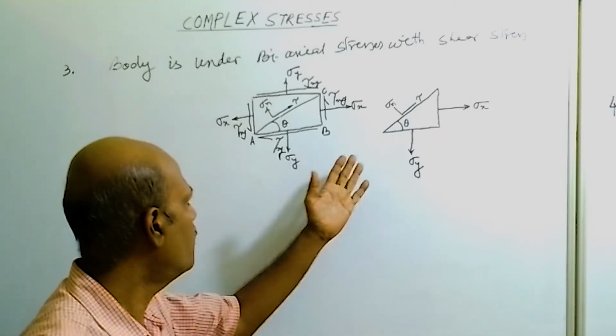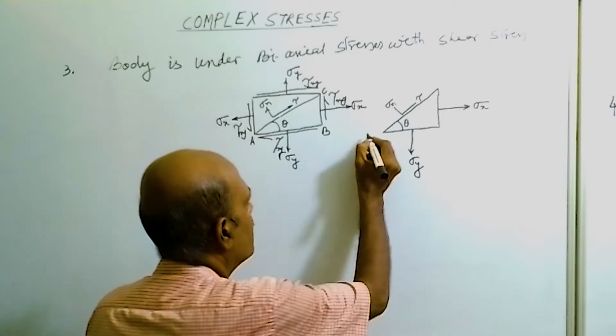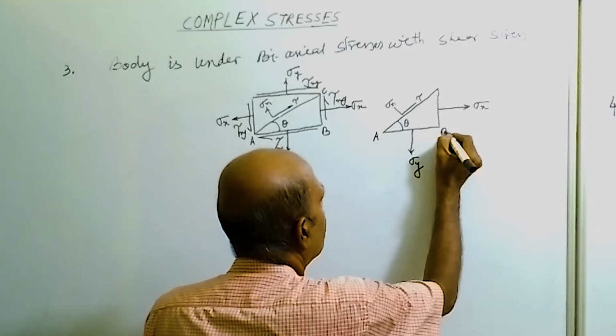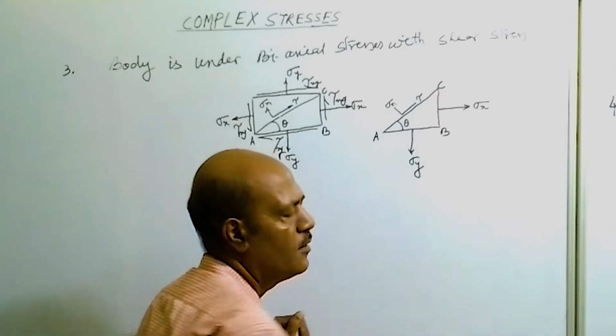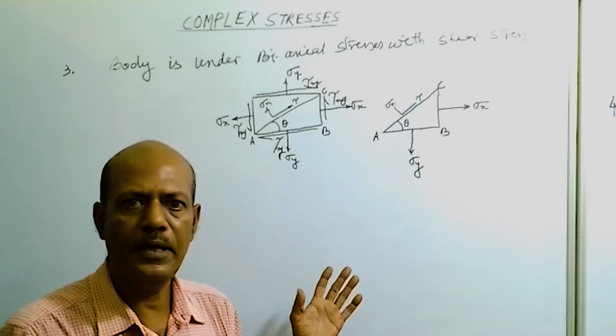Now in terms of force, if we express, give the name first A, B, C. Considering width of the element is unity.